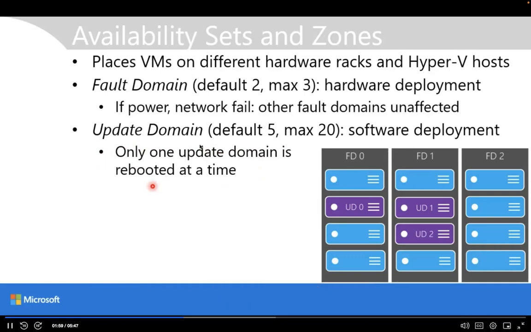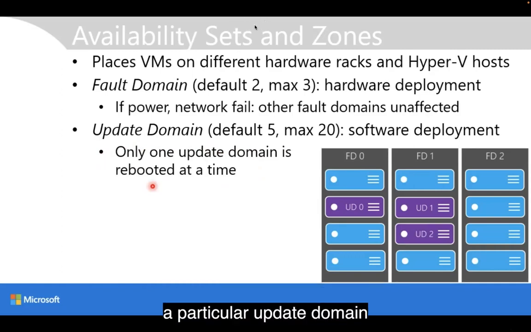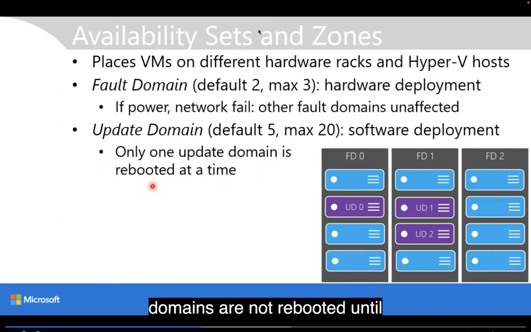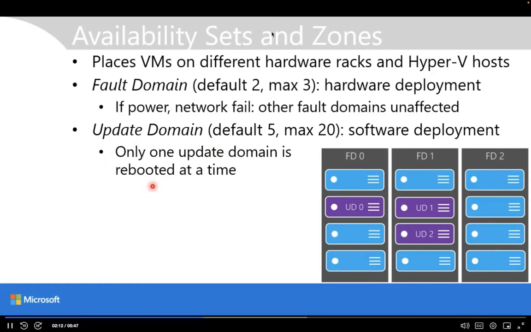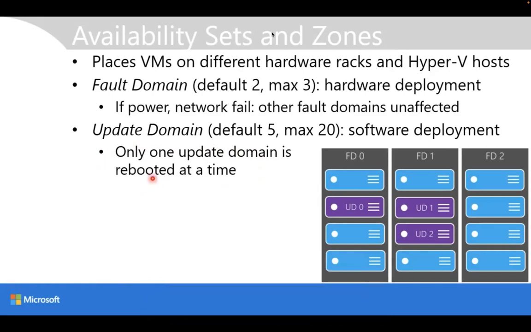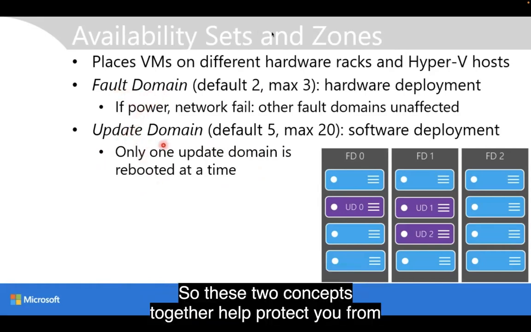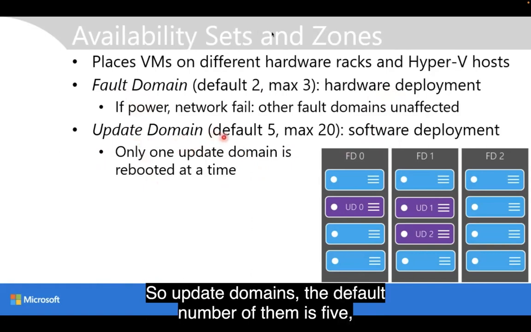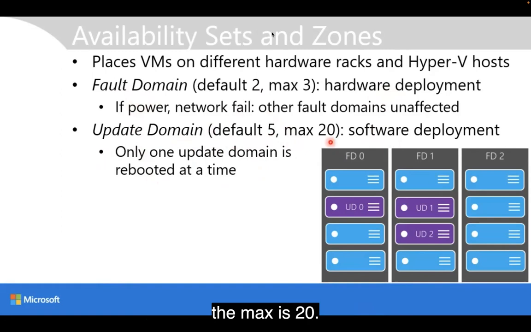So all the VMs in a particular update domain might be rebooted at once, but VMs in different update domains are not rebooted until the first update domain is back up and running and online. So these two concepts together help protect you from outages, hardware outages and software outages. So update domains, the default number of them is 5, the max is 20.